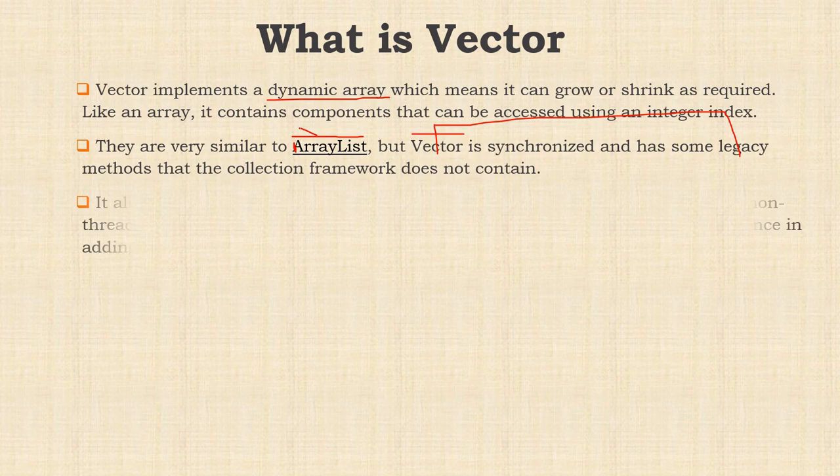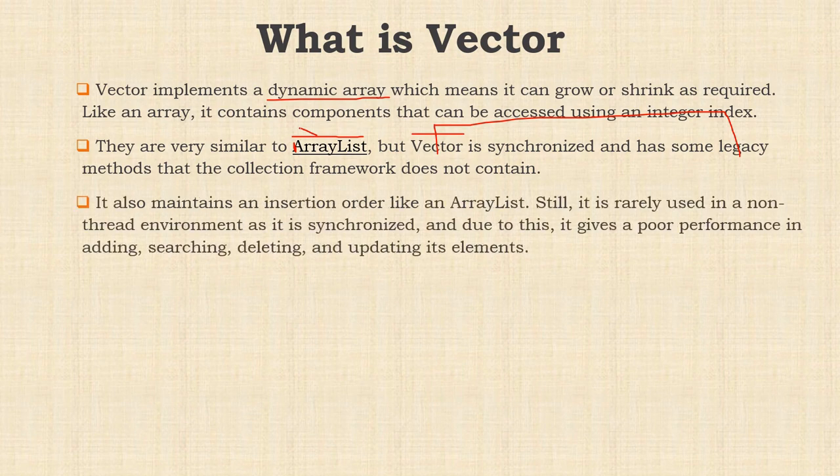So this is also a difference. It also maintains insertion order like an ArrayList. ArrayList maintains insertion order, and vector also maintains insertion order. Still, it is rarely used in non-threaded environments as it is synchronized.